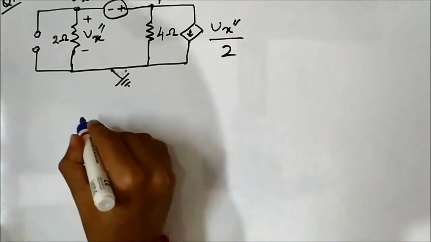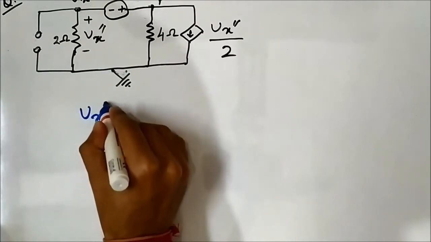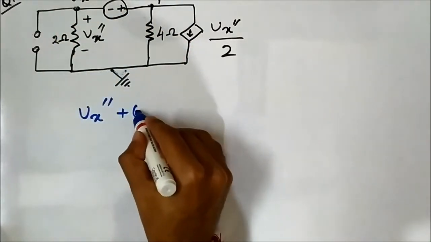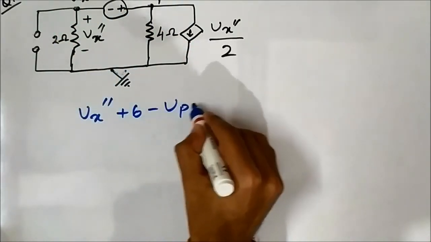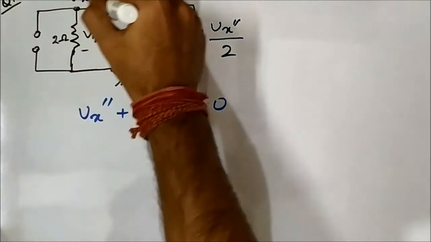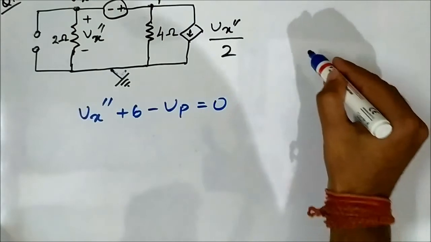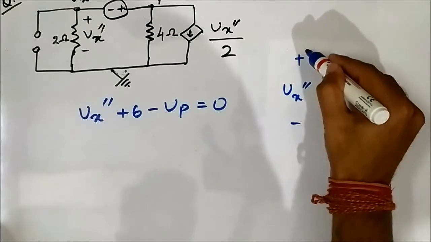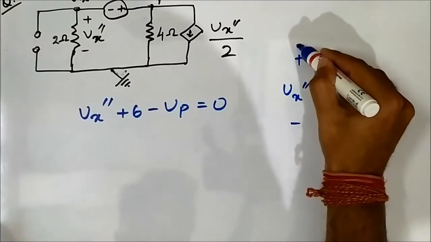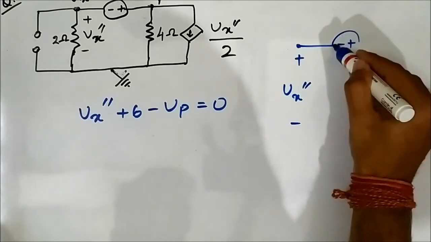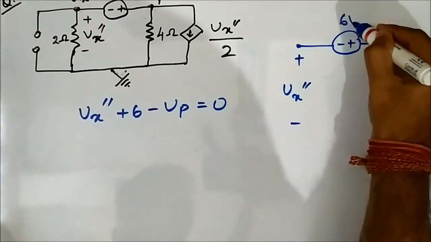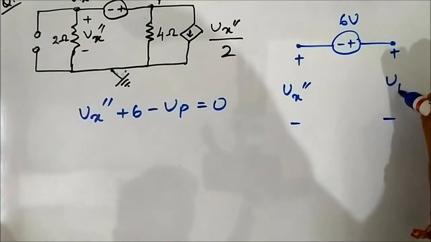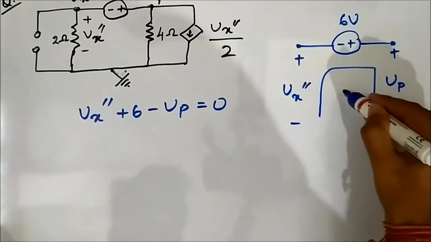So here the auxiliary equation is: we put the KVL from this point to this point, Vx double dash plus 6 volt minus Vp.